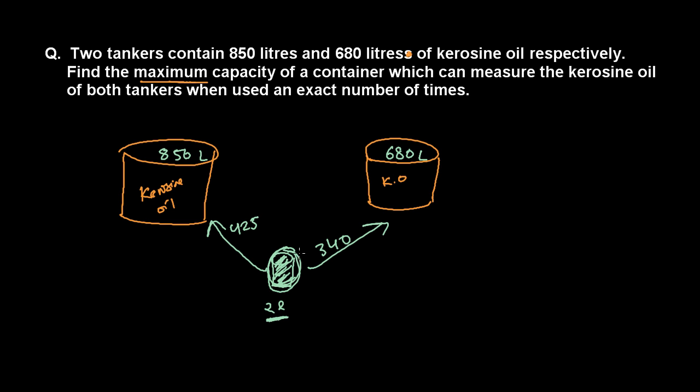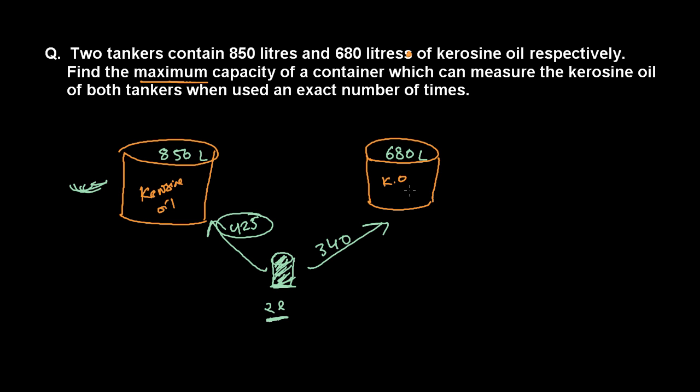So how can I understand that the oil in this bigger tanker is 425 exact times the oil in this small container?